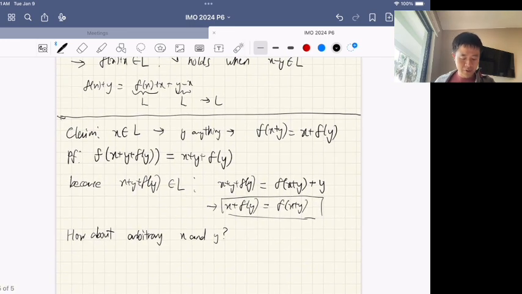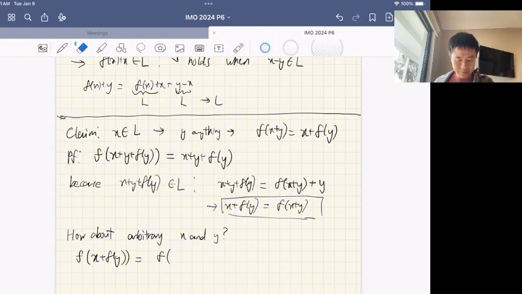First of all, we notice that f of x plus f(y) is the same as f of y plus f(y) plus x minus y.